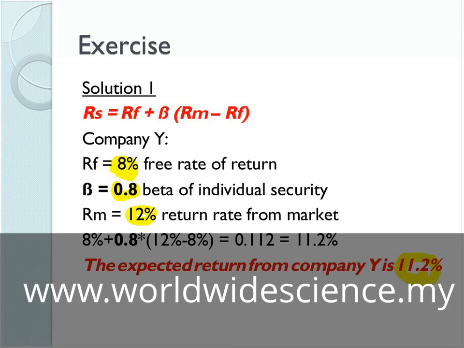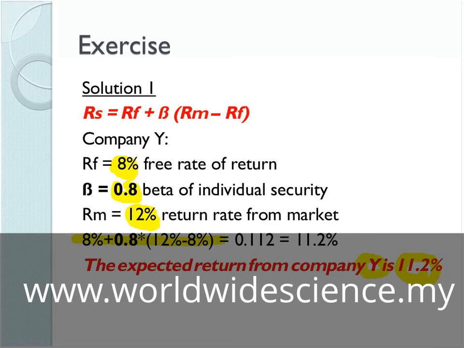The average market return is 12%, but the beta is different, 0.8. When you use the formula, we put the figures into the formula, and we get the answer, which is 11.2% expected return, the expected profit from company Y.